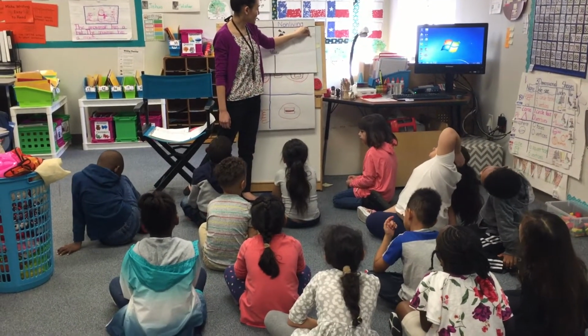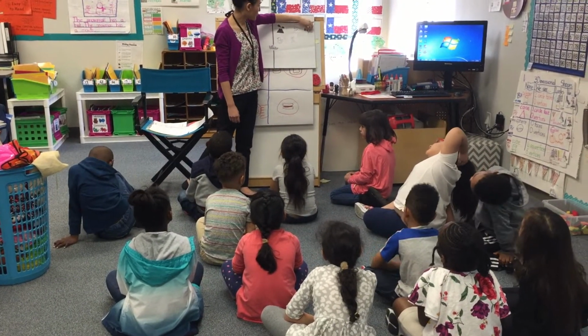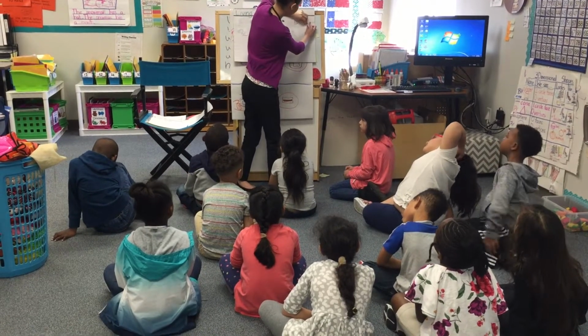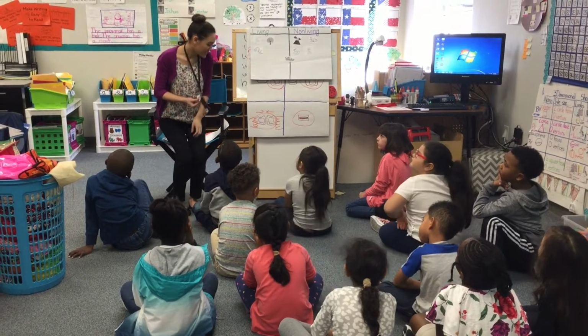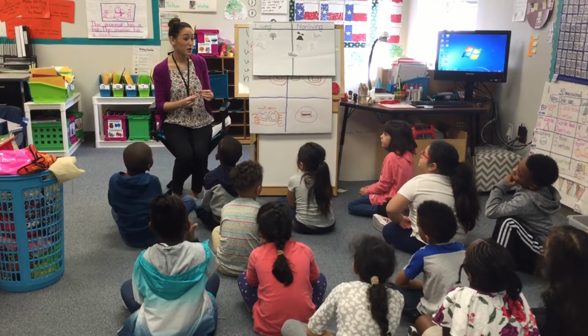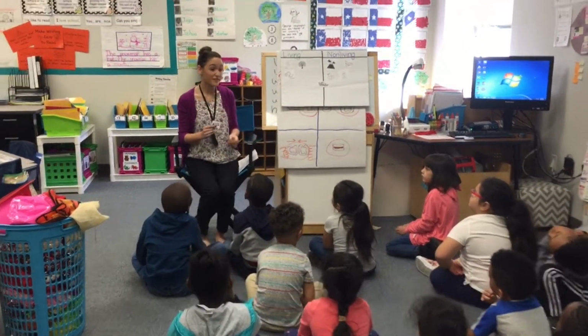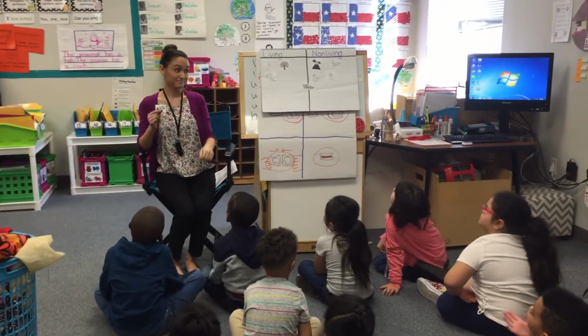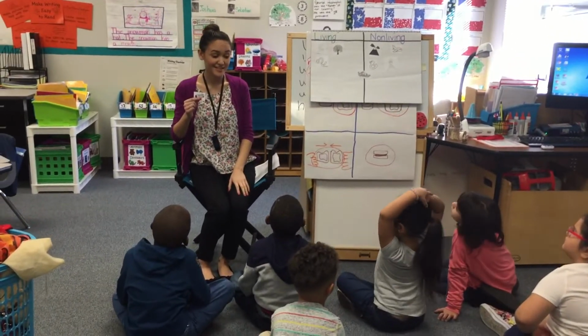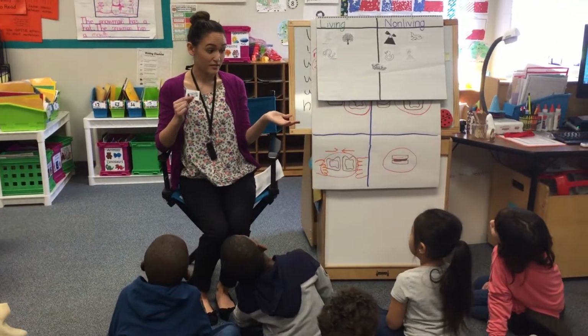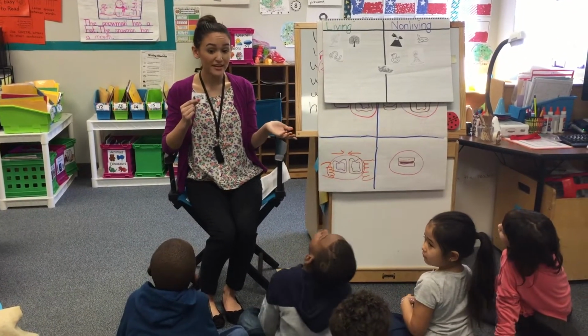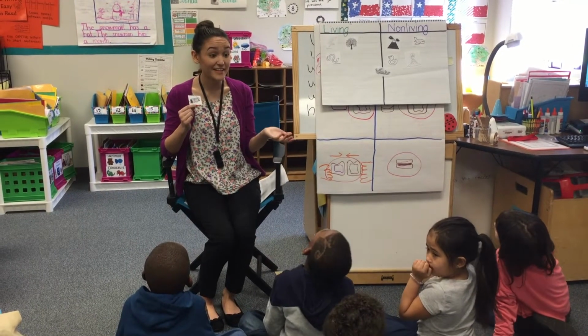So one of the things that we talked about in our pictures was a picture of a log that was cut down. And this one was kind of tricky. Most of you said that it was non-living, but actually, in science, when something was once living but isn't living anymore, it's still called a living thing.